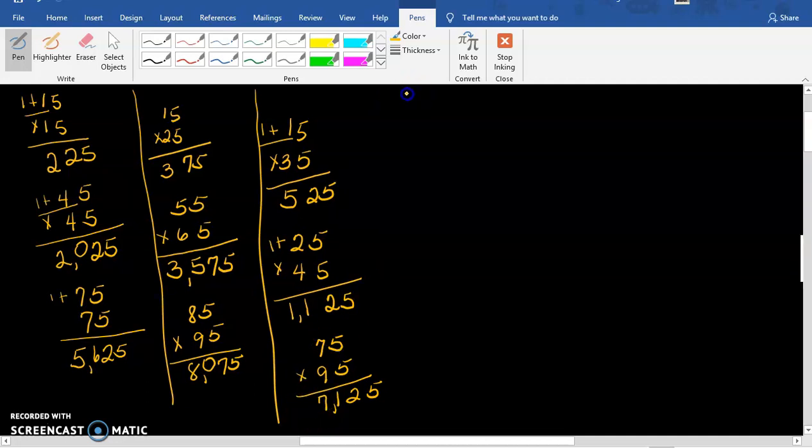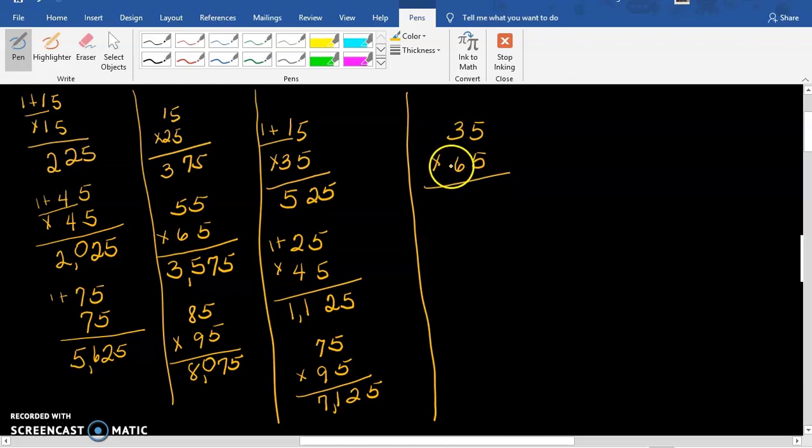My next shortcut is still multiplying two-digit numbers ending with a 5, but the difference of the tens digits is 3. I'll give you an example. 35 times 65. They're both two-digit numbers ending with a 5. The difference of the tens digits is 3.